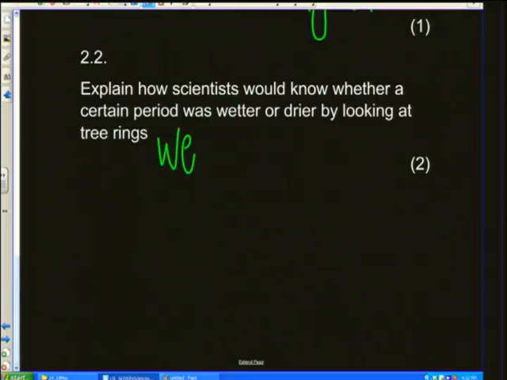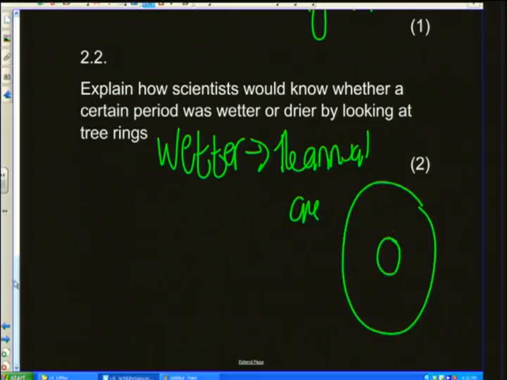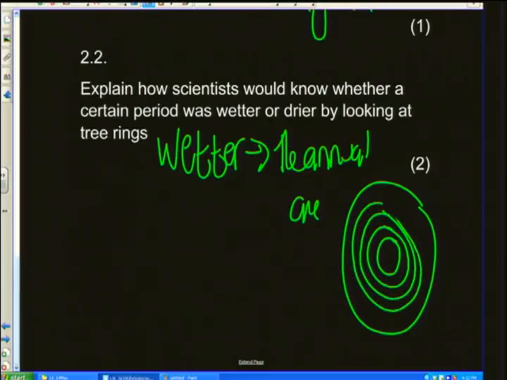Okay, so let's start. They want to know when it's wetter, the annual rings are, let's have a look if we had to draw a tree. If it was wetter, lots of water, water available. Now it becomes drier. If it's drier, we don't grow as much.